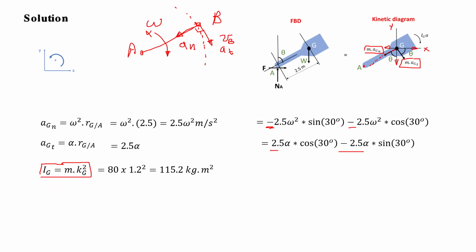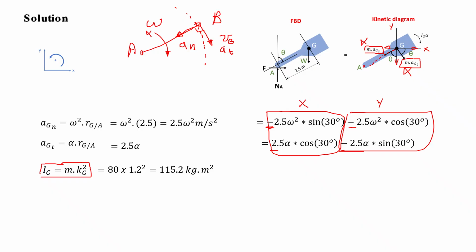I would like to calculate these two forces, the mass multiplied by the tangential acceleration, and the mass multiplied by the normal acceleration. But first I have to calculate the acceleration in the x and the acceleration in the y. So these two components will represent the acceleration on the x-axis, and these two components will represent the accelerations in the y components.